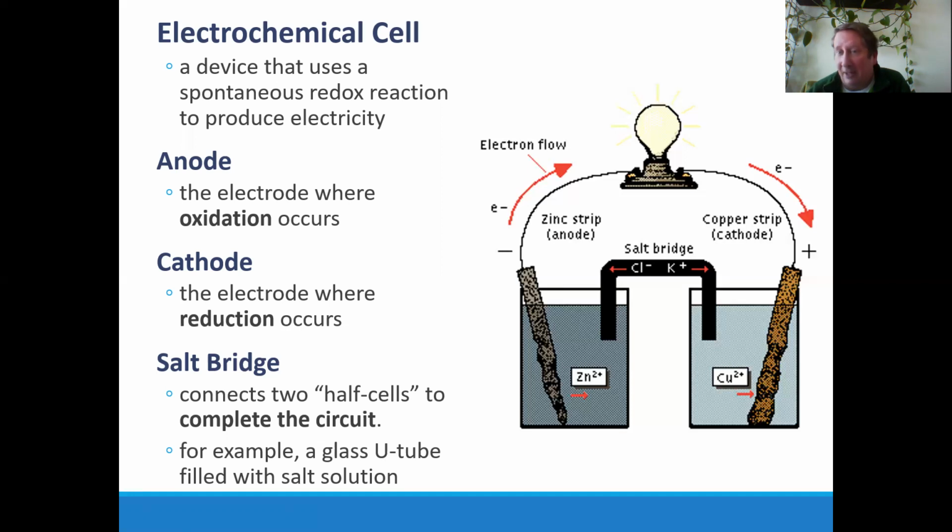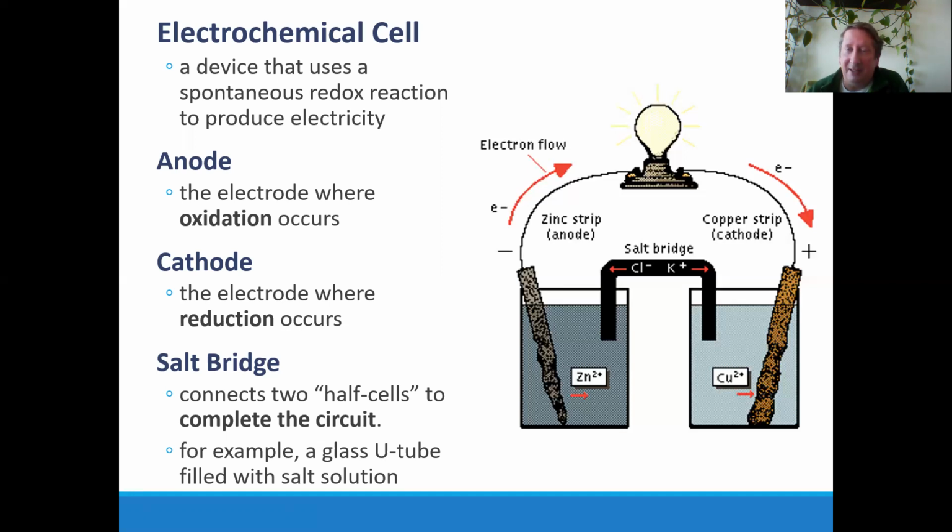The potassium ions of the salt bridge are positive. So every time a negative electron enters the copper beaker, a positive potassium ion flows in. A positive potassium ion will cancel the charge of the negative electron, and that prevents the copper beaker from becoming negatively charged. Likewise, every time an electron leaves the zinc beaker, a chloride ion, which is negative, will flow into the zinc beaker.